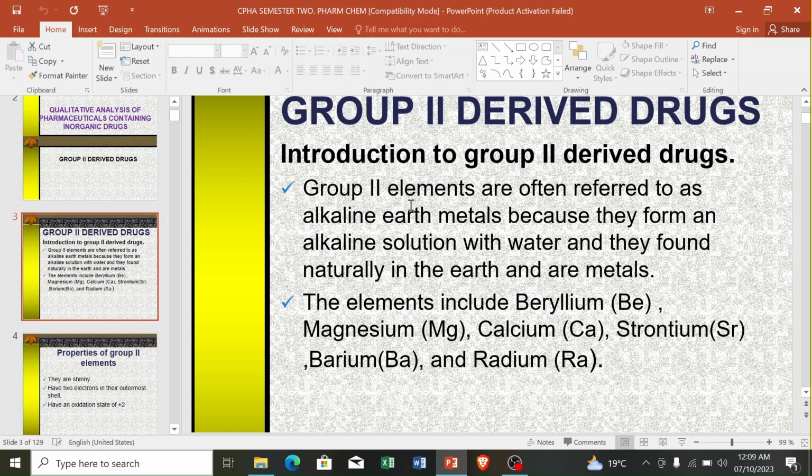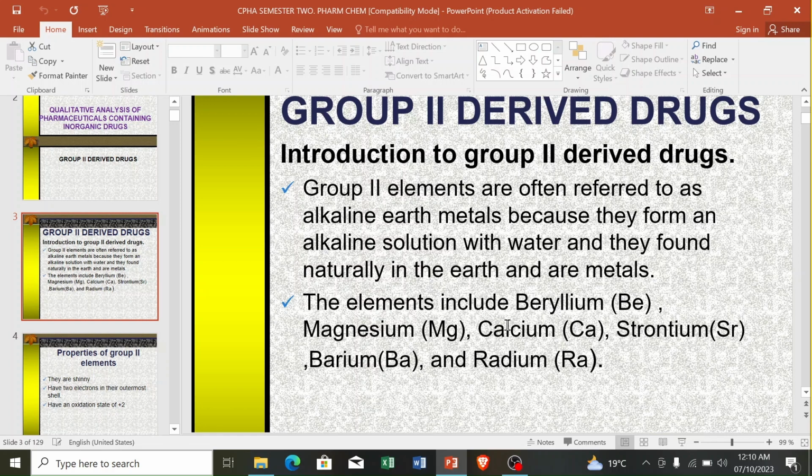Group 1 elements we call alkali metals because they form alkaline solutions with water and they are metals. But these ones we call alkaline earth metals because they form alkaline solutions with water and can be found naturally in the earth, as we are going to look at in the following slides.